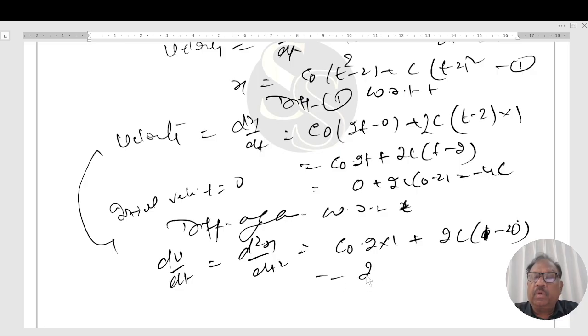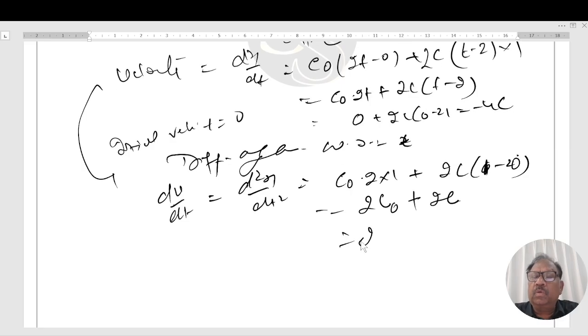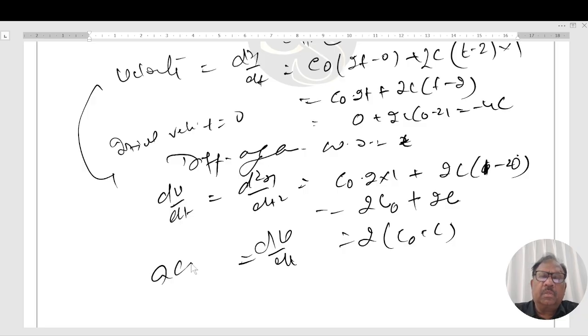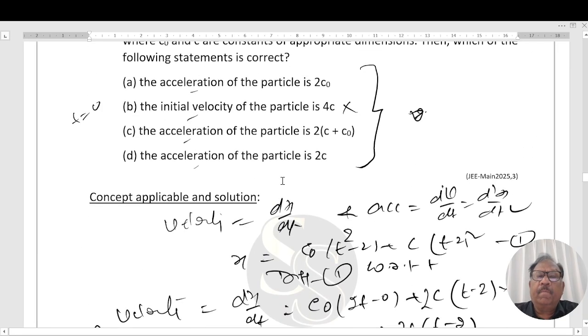This comes out to twice c naught plus twice c, so twice c naught plus c. That is the acceleration.